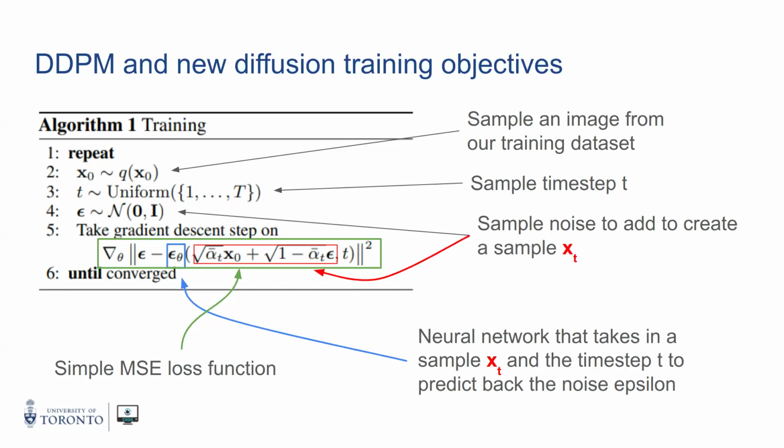So our problem has changed from minimizing the distance between these two distributions to having a neural network that predicts the noise we add to an image and minimizing the mean squared error between the noise we actually added and the noise our network predicts. Any questions? Okay. Wait, so where did the KL divergence go again? You just converted it into MSE.